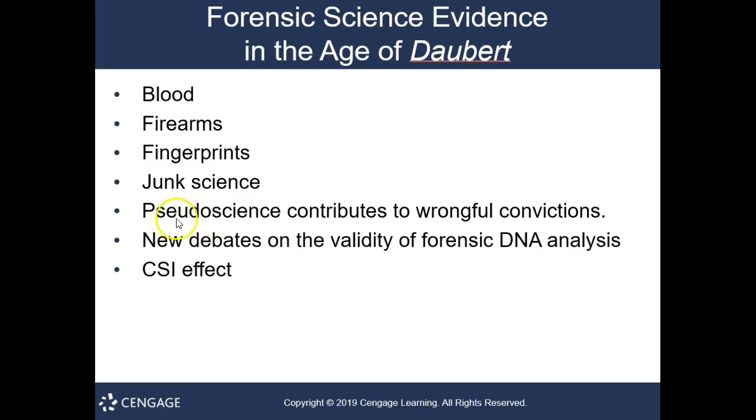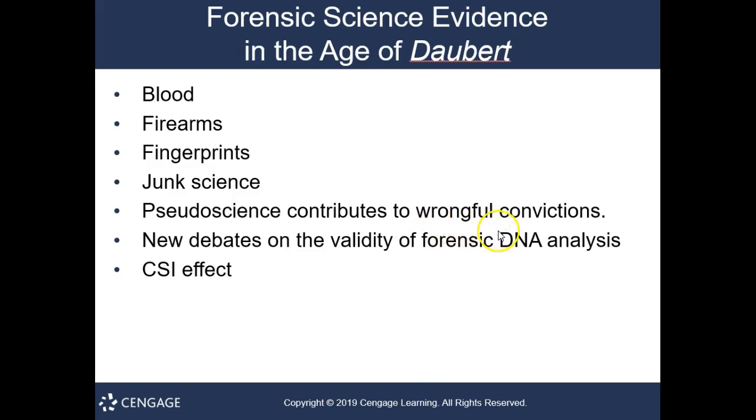When it's used on either side, it'll result in wrongful verdicts, whether it's conviction or otherwise. There are new debates on the validity of forensic DNA analysis, and it used to be on the issue of the multiplication rule. That has since been pretty much decided as we can use that rule, because all the evidence is showing that that's probably true.